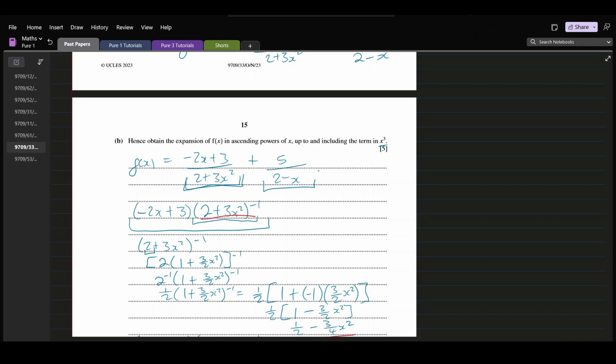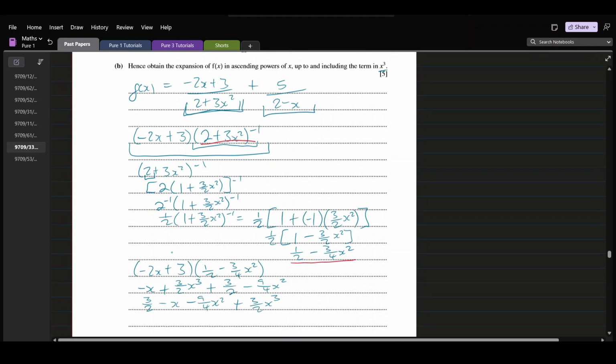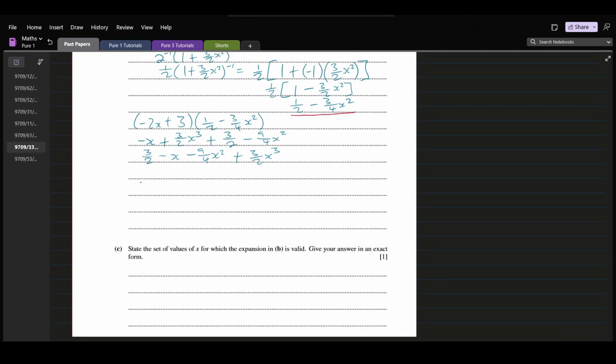Now let's expand our second term, 5 over 2 minus x. So if we bring the 2 minus x to the numerator, that becomes 2 minus x to the power negative 1. And again, this 2 must be a 1, so we have to factor it out. So that's 2 times 1 minus x over 2, all to the power negative 1.